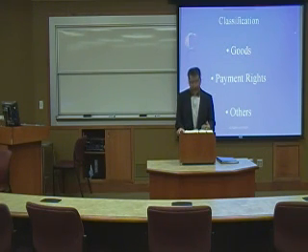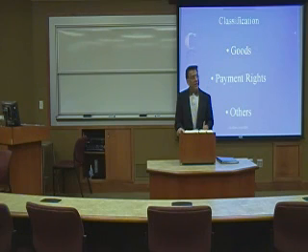So I think classification is important because there are different methods of perfection. Security interest in some collaterals will be perfected in one way and in others in another way. Now remember, what you are perfecting is a security interest.